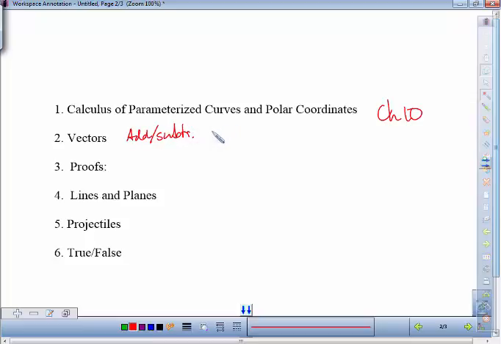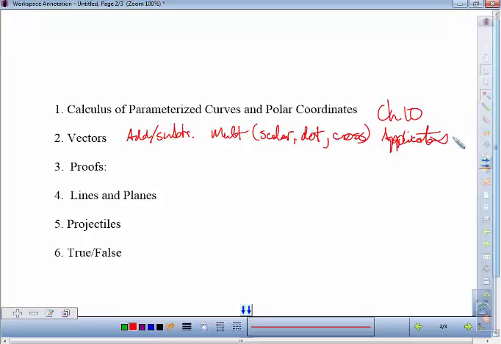There's no divide, but there's multiplication, and there's multiplication at several levels. There's scalar multiplication. There's dot and cross. And some basic applications where you might have to find angles, or find vectors perpendicular to other things. Volumes, the area of the parallelogram, volume of the parallelepiped. So those are the application type things.